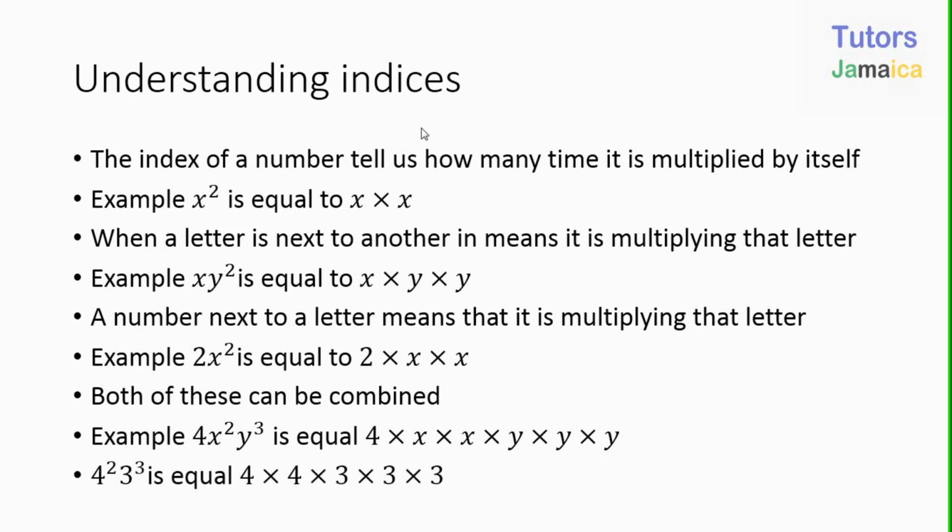We can also have something like 4 squared 3 cubed, which is equal to 4 times 4 times 3 times 3 times 3.